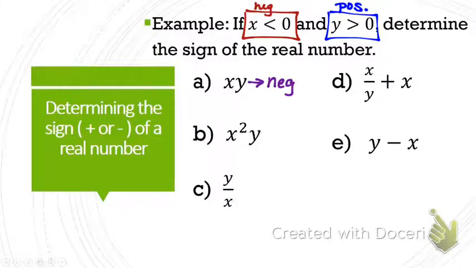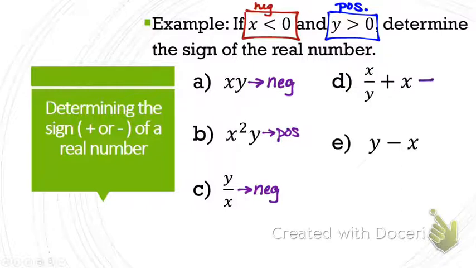What about if I take x and square it and then multiply it to y? Positive. If I take y and divide it by x? Negative. On any of these, if you're unsure, substitute some numbers in instead of x and y. Pick a positive number. Pick a negative number. See what you get. If I do x divided by y, and then I add x, negative.